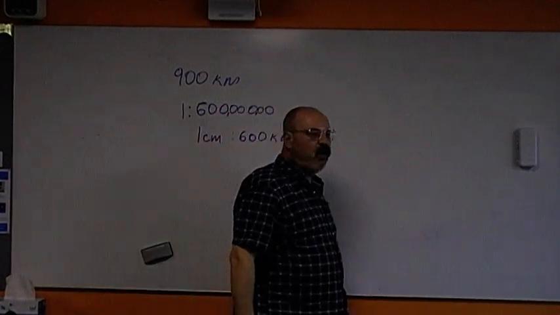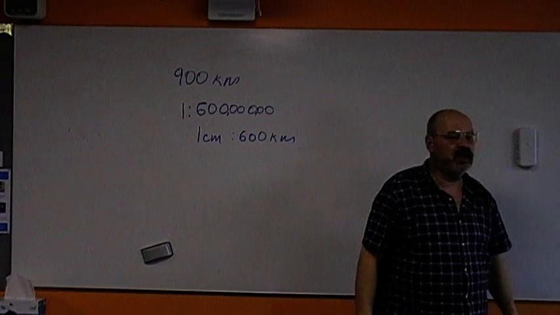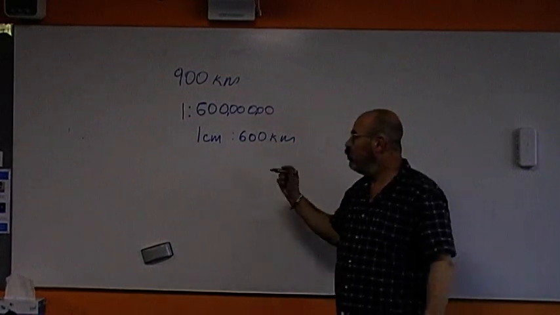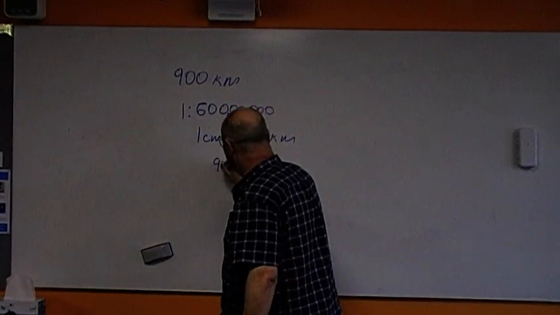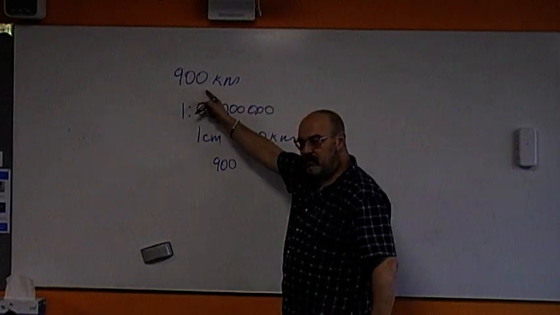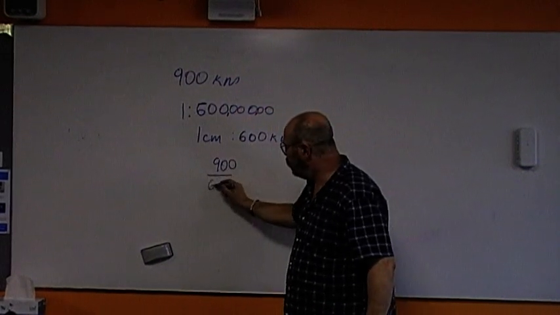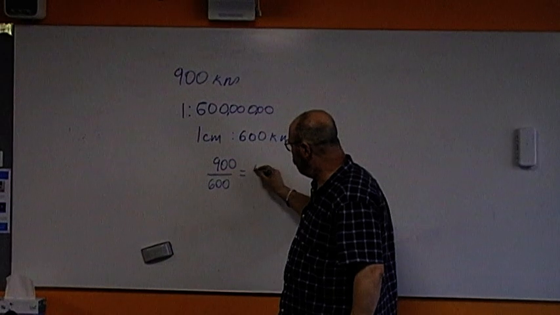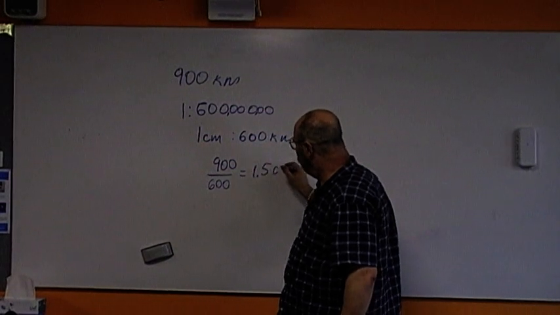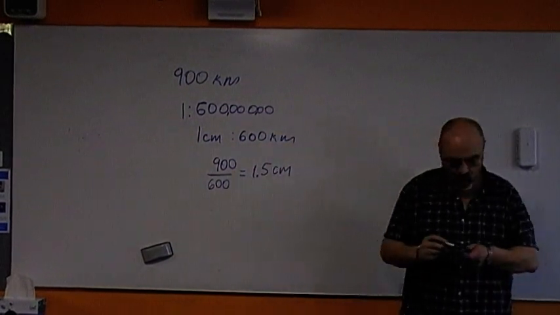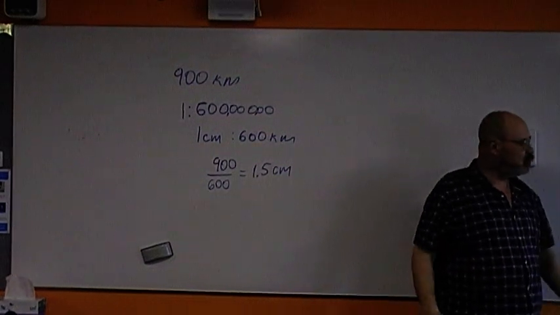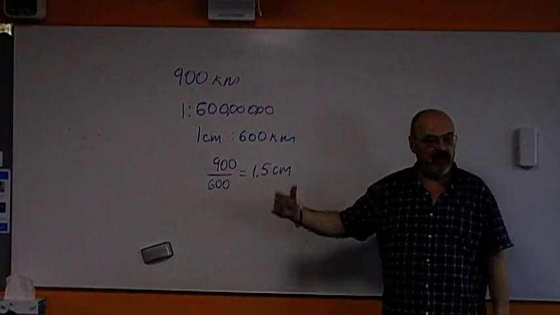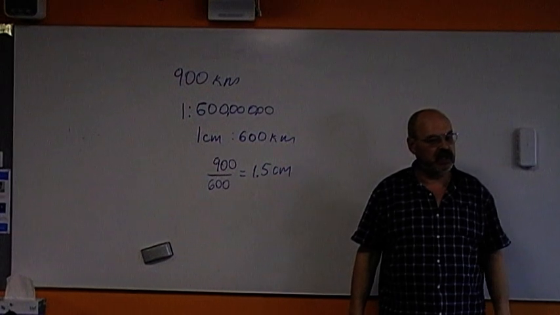To find the distance, we divide 900 by 600, and that will be equal to 1.5 centimeters. So on that particular map, the distance from Melbourne to Sydney will be 1.5 centimeters.